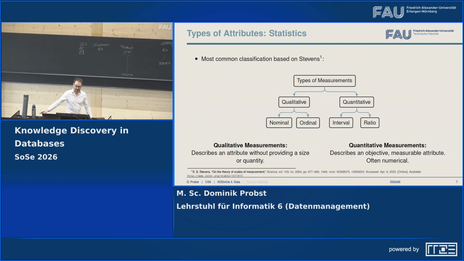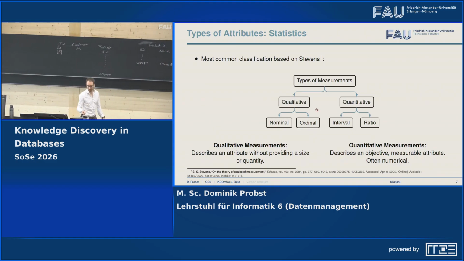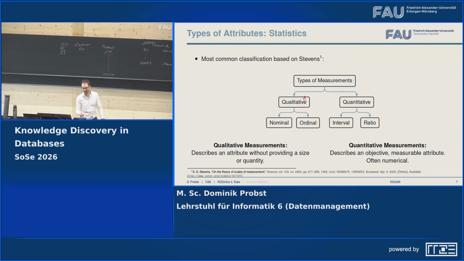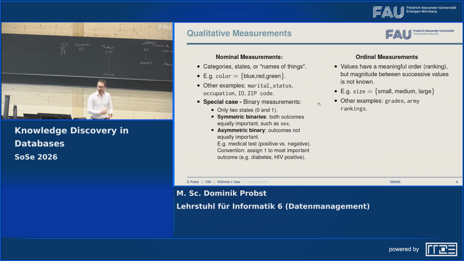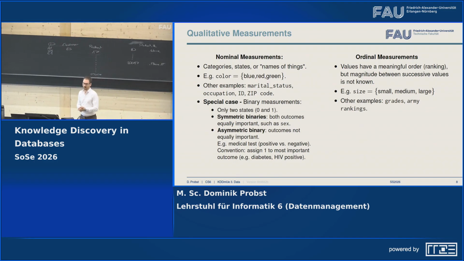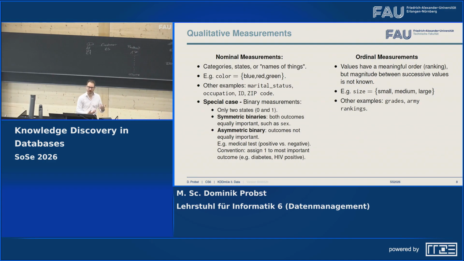Okay, if we now take a look at further specifications, we can divide qualitative measurements into nominal and ordinal. Nominal measurements are categories, dates, or names of things, so things that do not have any meaningful order.